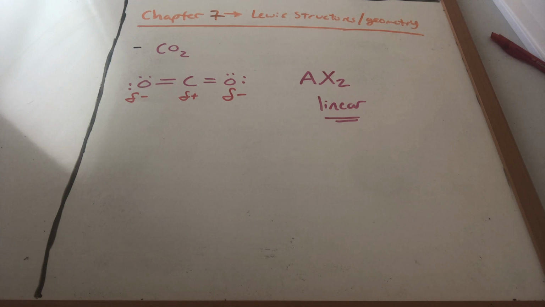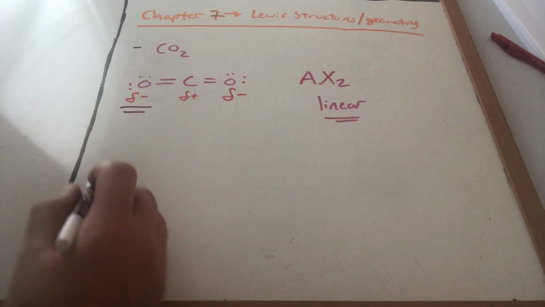Remember what it means to be polar. Opposite sides, opposite ends of the molecule have to look different in charge. Think about the North and South Pole, opposite ends of the Earth, opposite ends of this molecule. If I look at the ends of the molecule, here's what I see.